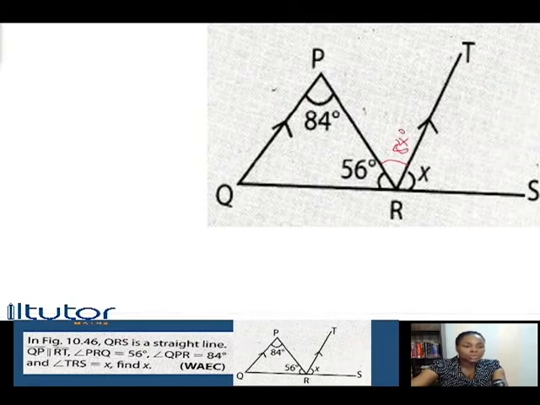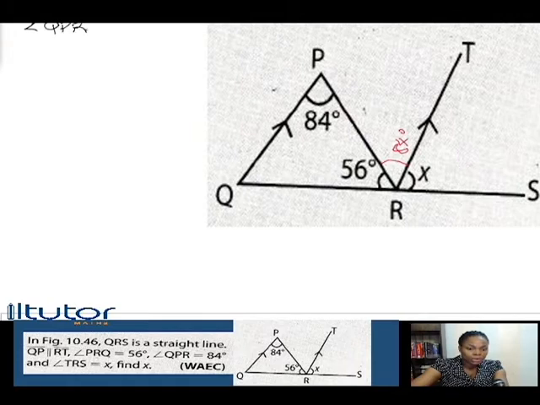It's important to write it. We write that angle QPR is equal to angle RPT.